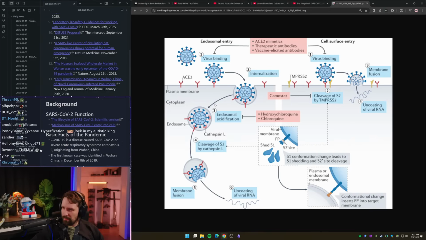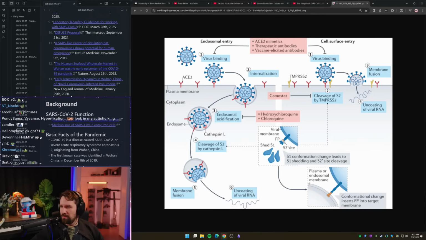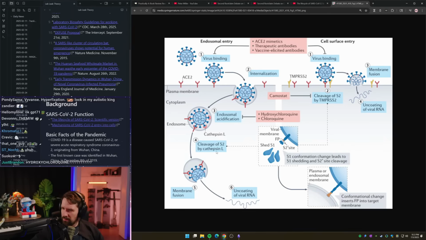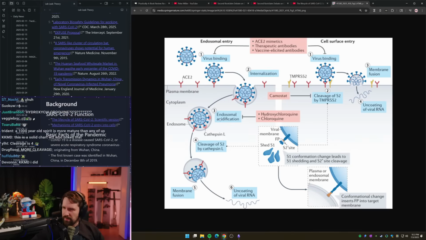Once it gets in here, when does the S1 part happen? Am I just missing it? So it enters here, endosomal acidification. I don't even know what that means.